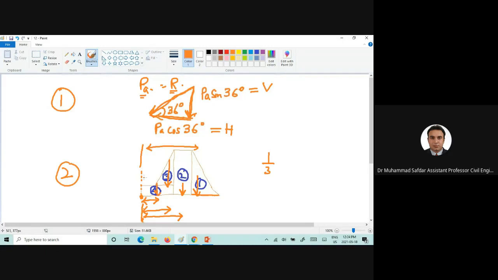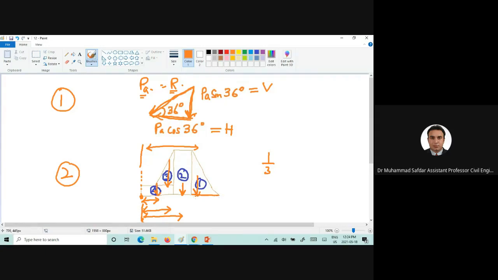So you need to add from here till here, and then the mid portion, or maybe the full stem of the retaining wall, and then 1/3 of the width of the retaining wall.